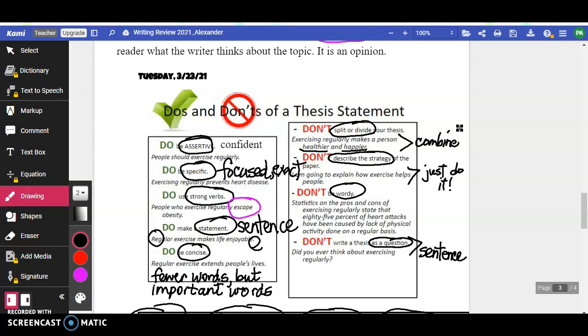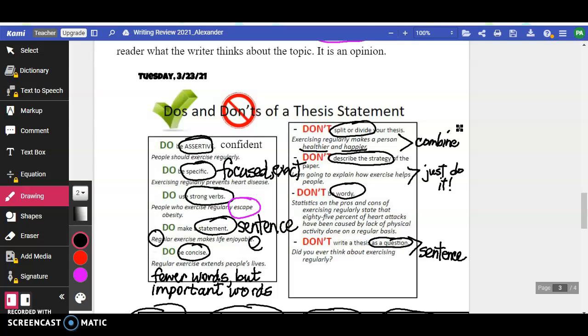For your thesis statement, however, you should combine these ideas. Maybe your thesis statement will say that exercising regularly has many positive health benefits for a person. It's the same idea, but positive health benefits combines the ideas of healthier and happier. You have not split or divided your thesis now.